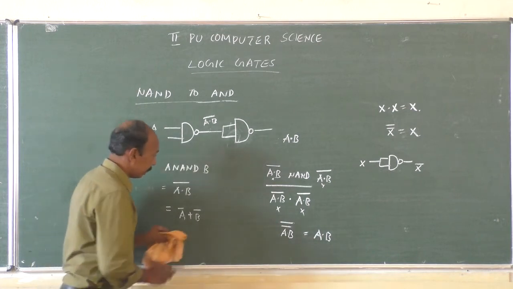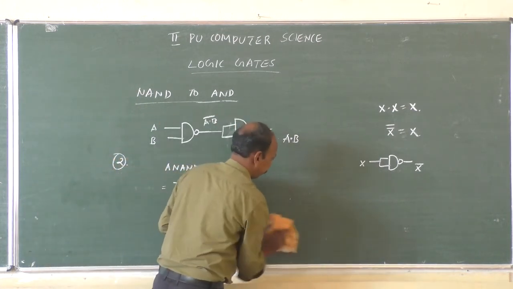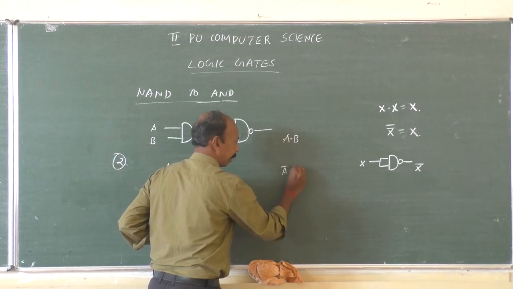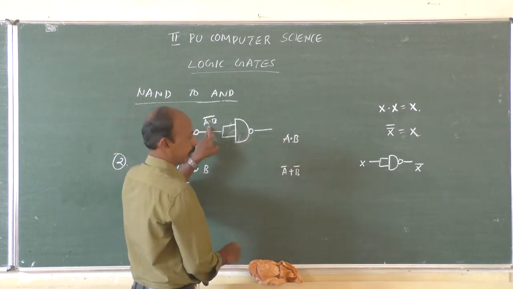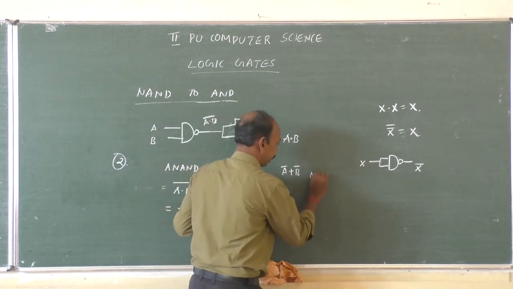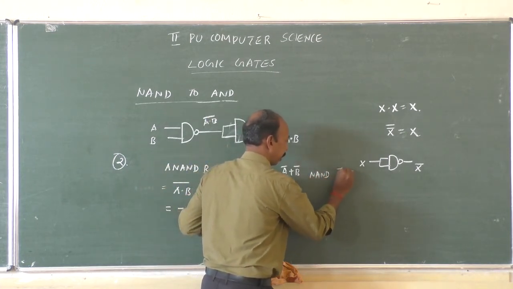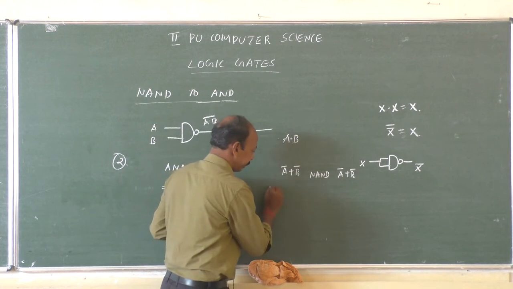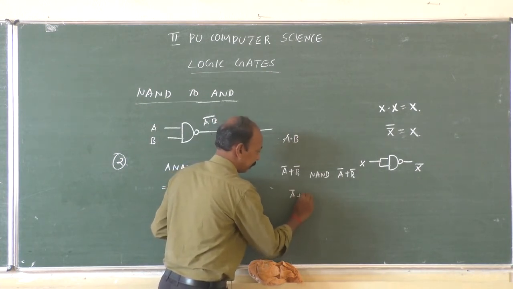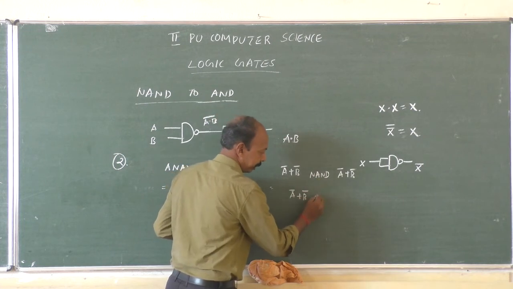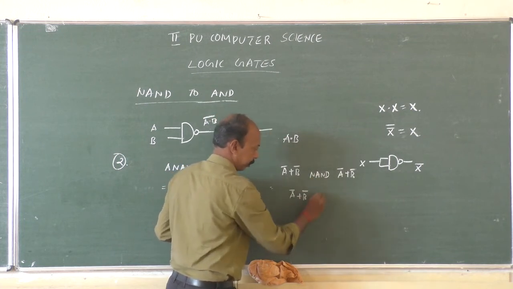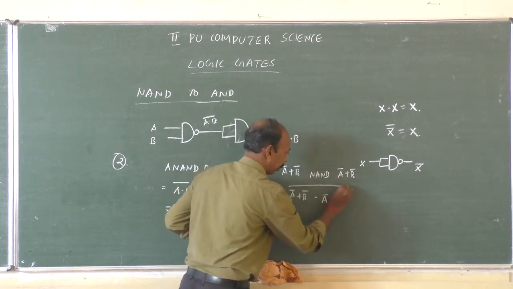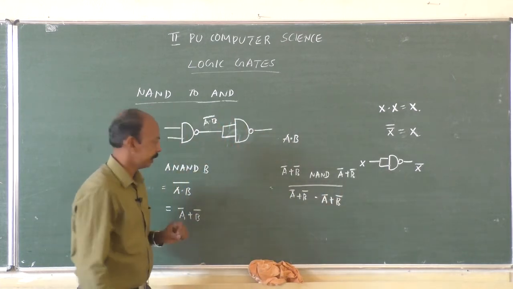right? In this case, which could be written as A bar plus B bar, this one, first input, NAND A bar plus B bar, which could be written as A bar plus B bar. NAND means later the complement we have to draw, write the same, (A bar plus B bar)', isn't it?